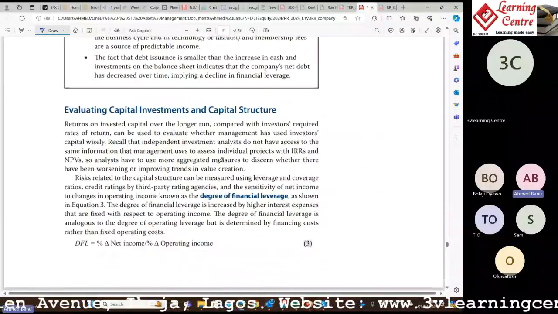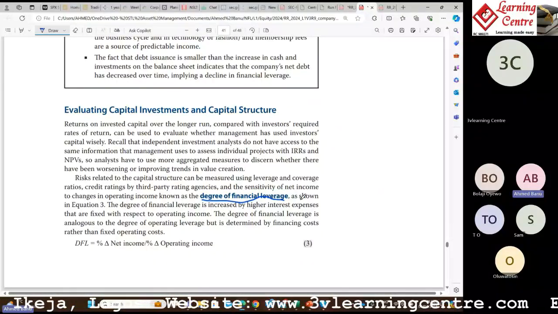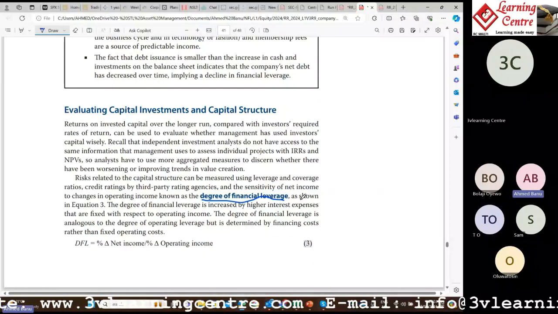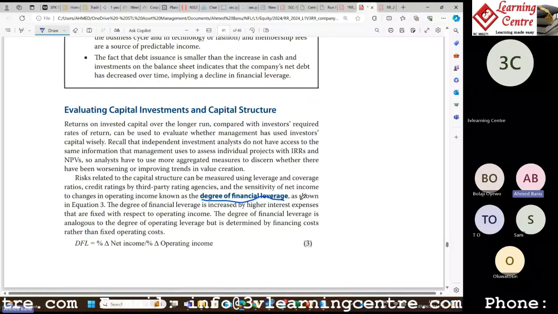Then they are saying, how do you evaluate? You use the degree of financial leverage to evaluate. So returns on invested capital over the long run compared with investors' required rate of return, I've explained that to you guys in the last reading, can be used to evaluate whether management has used investors' capital wisely.